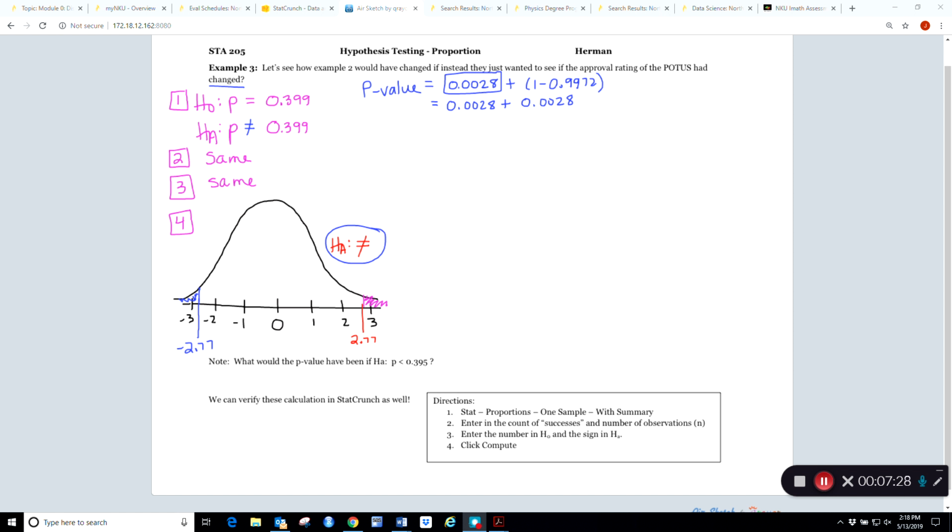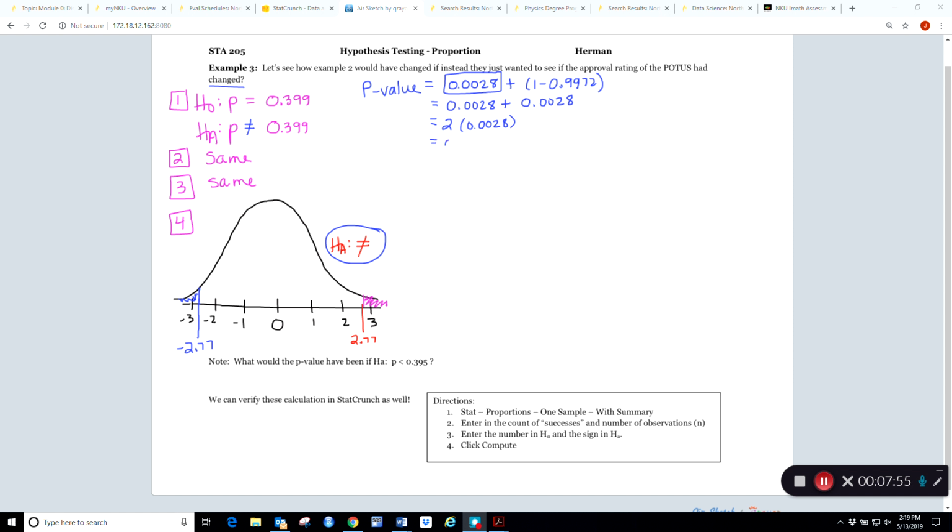And so being 2.77 above the mean or higher is the same as being 2.77 below the mean or left or lower than that as well. So those two pieces will always be the same. So if you want to make your life easier on this calculation, we can just double one of those pieces to get our two-tailed p-value.